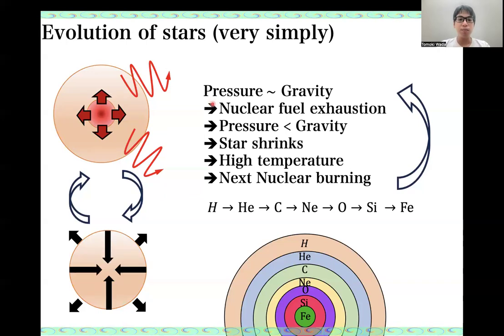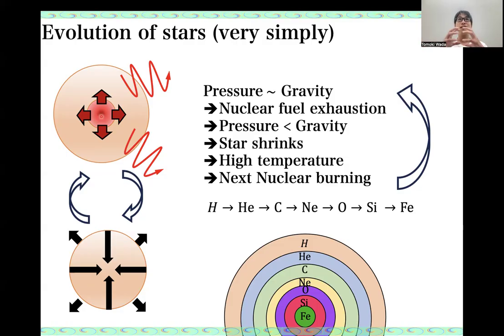Stars are in force balance between pressure and gravity. And at first, hydrogen is burned at the center of stars. But when the nuclear fuel, in this case hydrogen, runs out, there is no energy source for nuclear burning. Then the star just emits energy from the gas sphere.